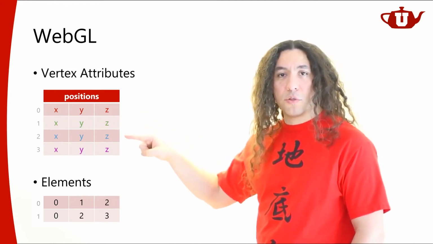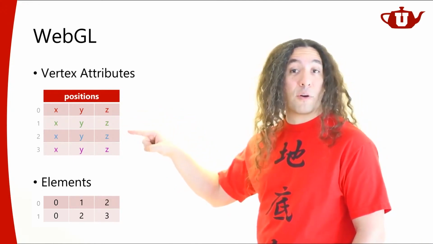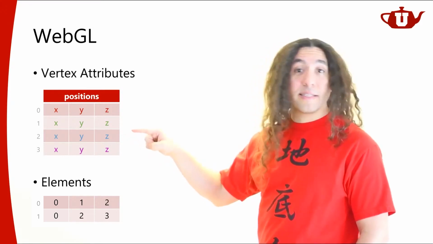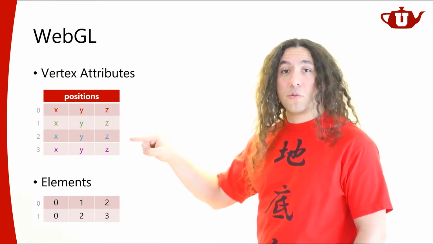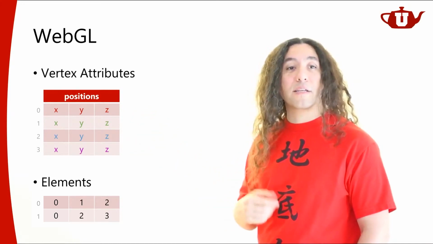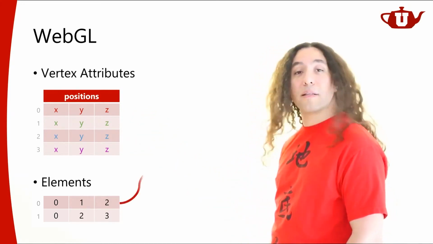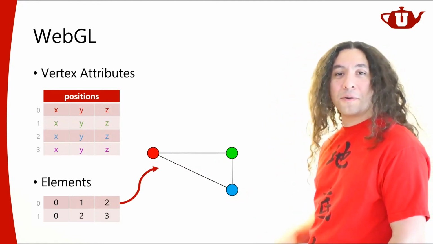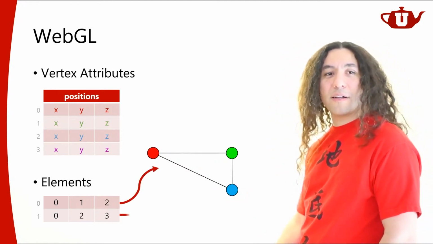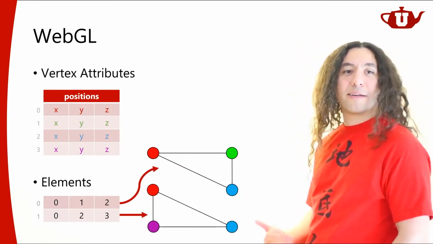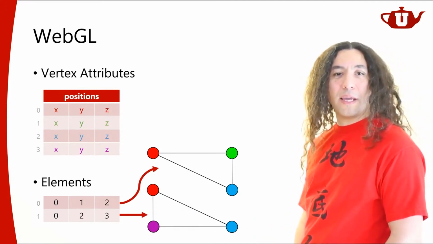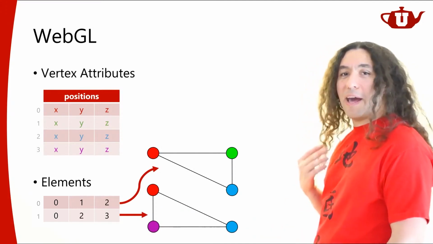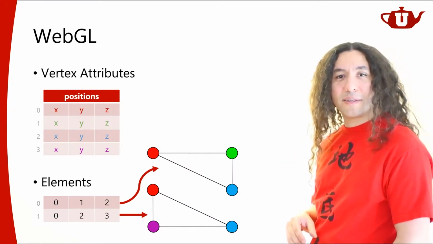Vertex 0, 1, 2 will be the first element, that is the first triangle. And then 0, 2, 3 will be the next triangle. So the first triangle is going to be formed by this 0, 1, 2, and the next triangle will be formed by 0, 2, and 3. And this way I have my 2 triangles.